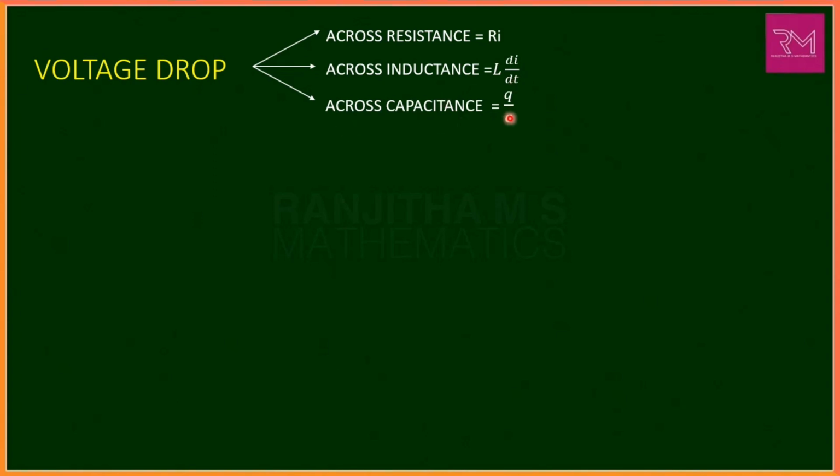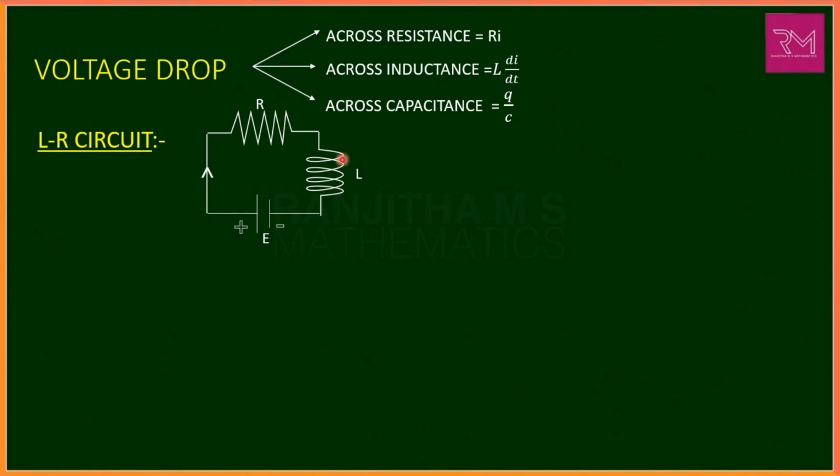And across capacitance, the voltage drop is Q by C, where C is the capacitance and Q is the electric charge. So remember: across resistance we have R into I, across inductance L into di by dt, and across capacitance Q by C. Now we can easily form a differential equation for an LR circuit.